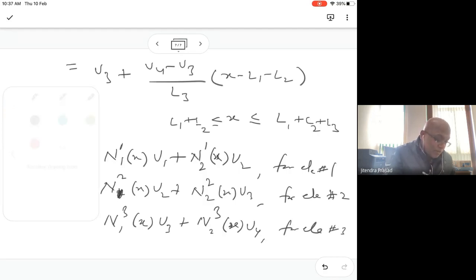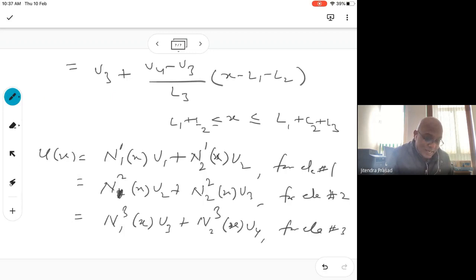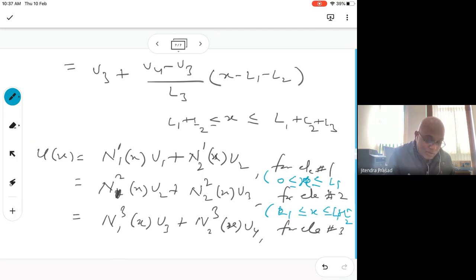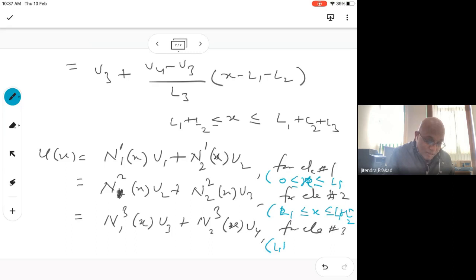What is the meaning of element number 1 to 3 saying? It is the same as saying that 0 less than or equal to x from L1, meaning that this is L1, x, L1 plus L2, here L1 plus L2 less than or equal to x less than L1 plus L2 plus L3.